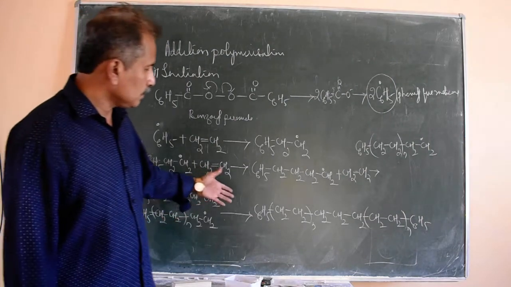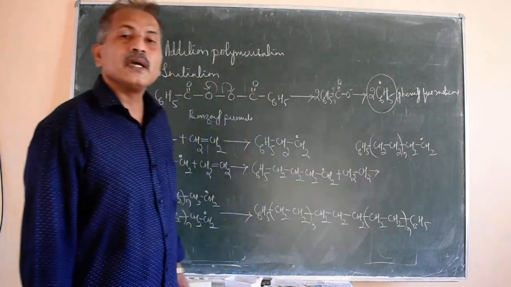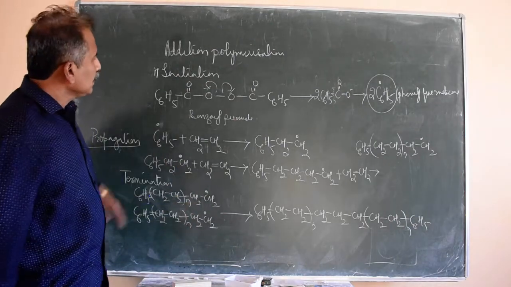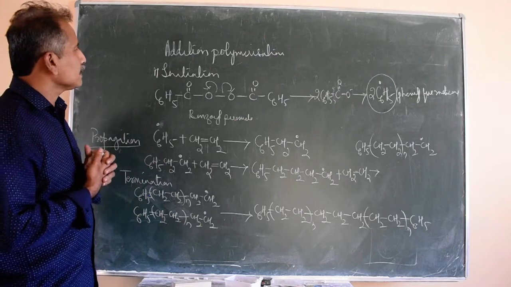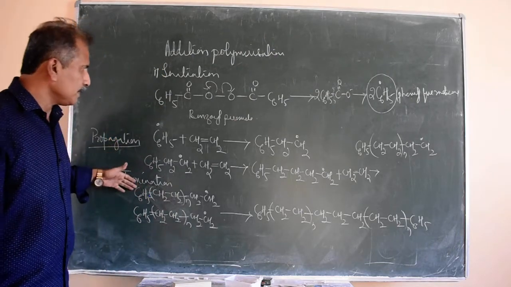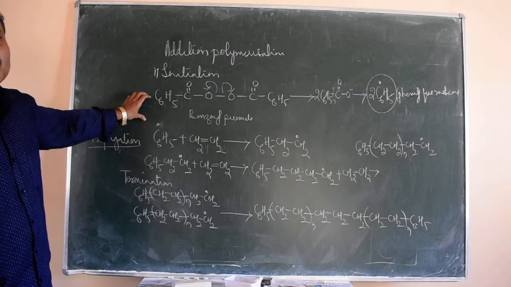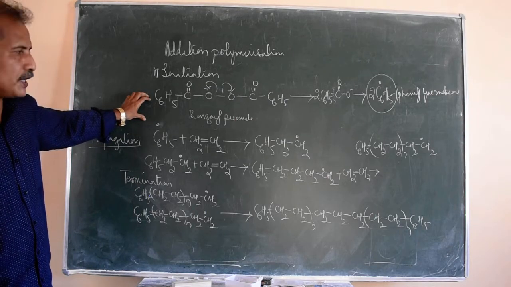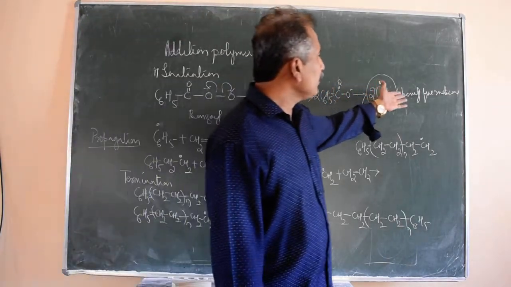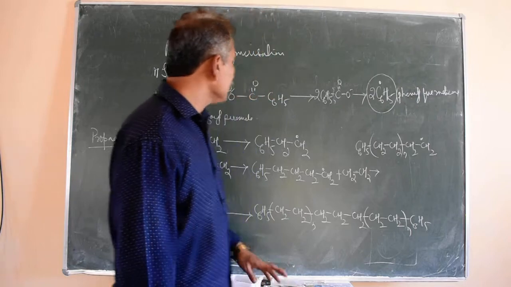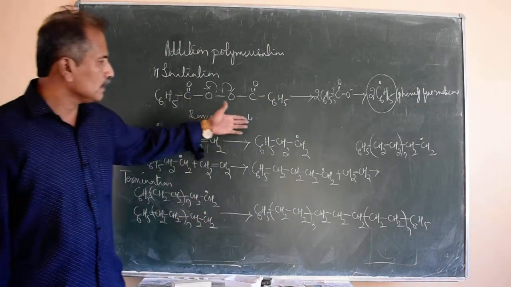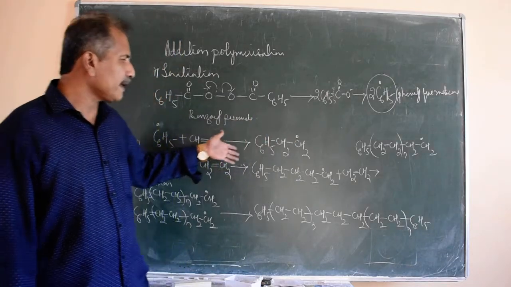So this is how polythene is formed by addition polymerization. This is the free radical mechanism. It involves three steps: initiation, propagation, termination. First, the free radical generating initiator, the catalyst, benzoyl peroxide, undergoes fission to create two phenyl free radicals. Now this phenyl radical attacks an ethene molecule and the attachment takes place.